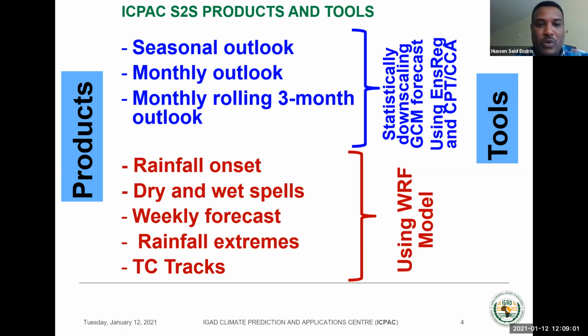Mainly we use it for weekly forecasts and to produce rainfall extremes on a weekly time scale, as well as to track tropical cyclones when they occur over the tropical Indian Ocean. And also at the beginning of the rainfall season, we produce the onset, dry spells, and wet spells products for that particular season.